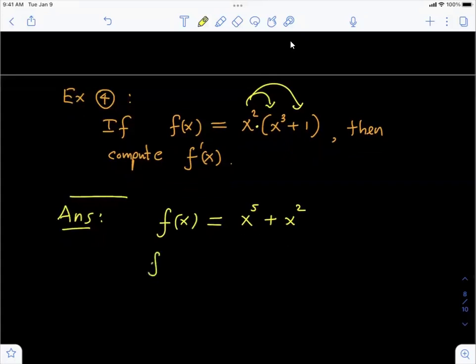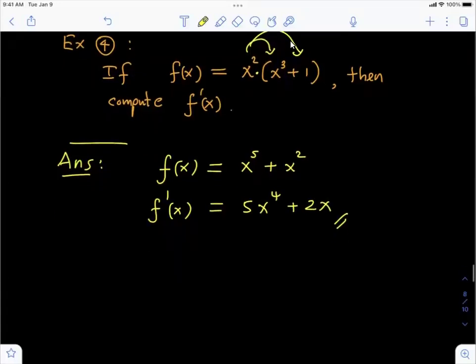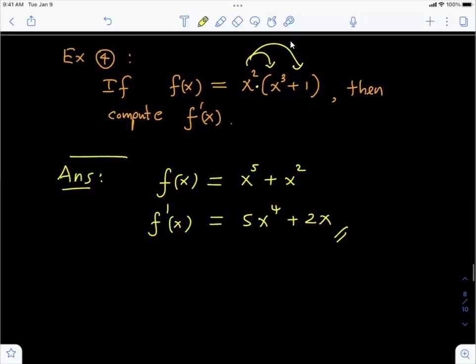And now f prime is just the power rule. Take the derivative of this: 5x to the fourth plus 2x. That is the answer. Now, by any chance, if you didn't see this nice distribution, and if you'd like to take it as a product rule.